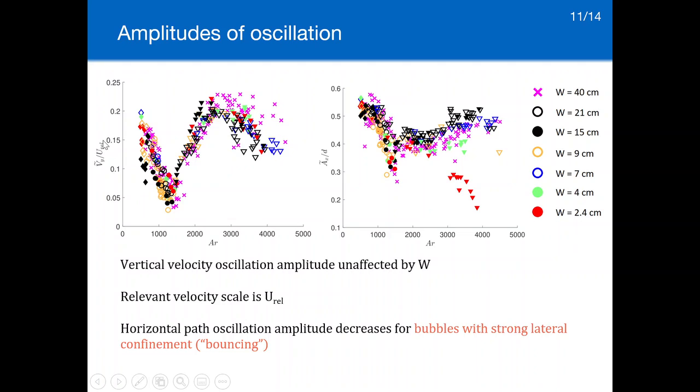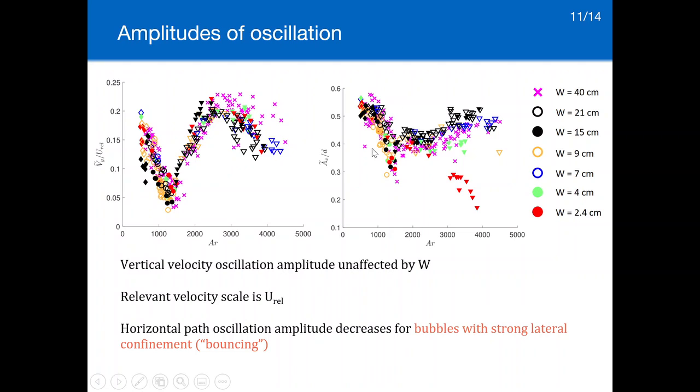Since the relative velocity is independent of the lateral confinement, this amplitude of oscillation, when normalized by it, is also independent of the lateral confinement, even though the mean vertical velocity depends on the lateral confinement.